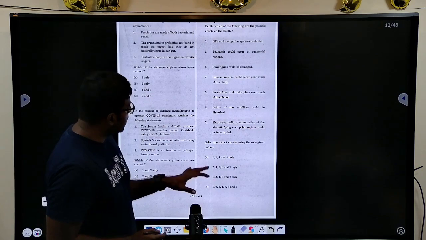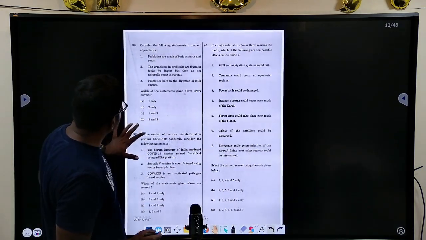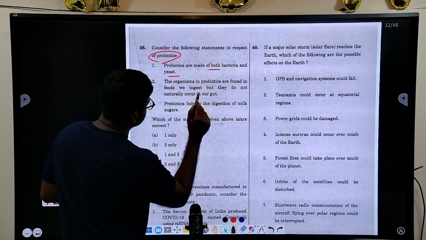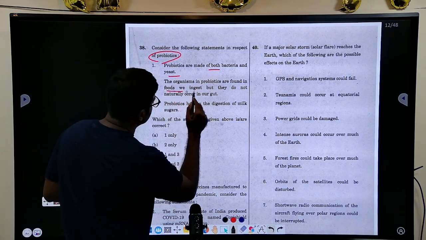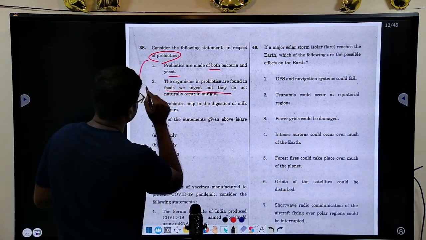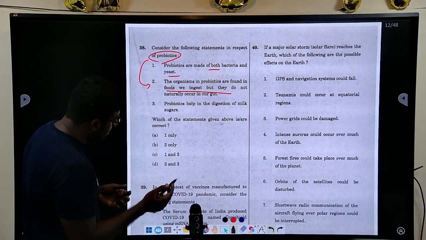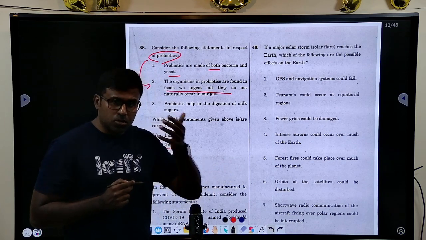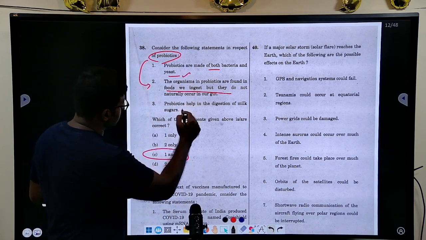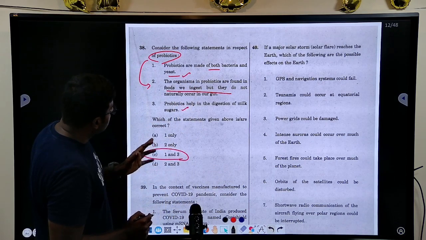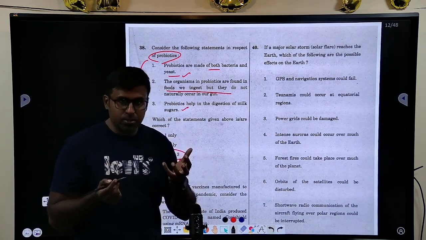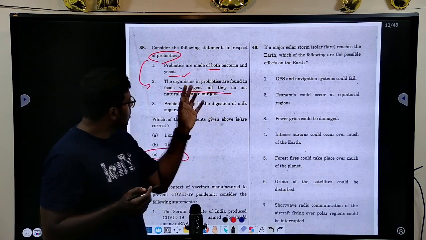See, I am saying you should approach this exam this way. Probiotics made of both bacteria and yeast. Okay. This is not true, right? Because probiotic bacteria, you also have it inside you. 1 and 3. And if you are not sure, see, this is true, definitely. But Anna, see this, actually, I was not initially solving the question when I was solving 1, 2, 3.